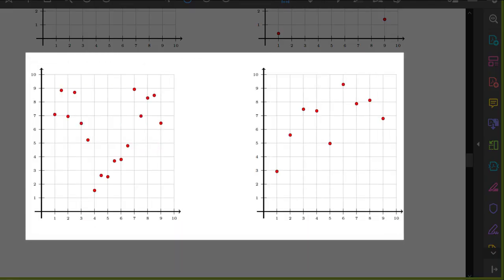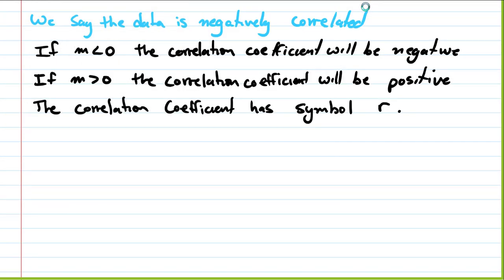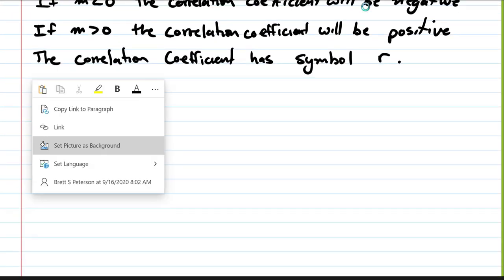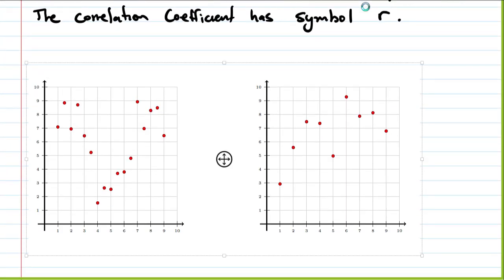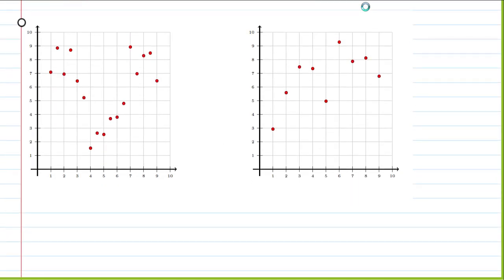So now we look at our next data sets. And if I were to look at this data set right here, does it appear to be modeled by a line? And I would say no. That data seems like it's all over the place, right? It's kind of spread out.